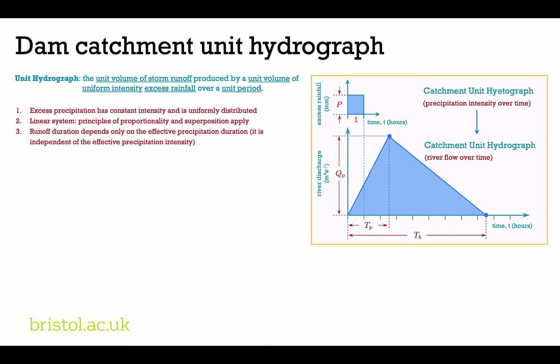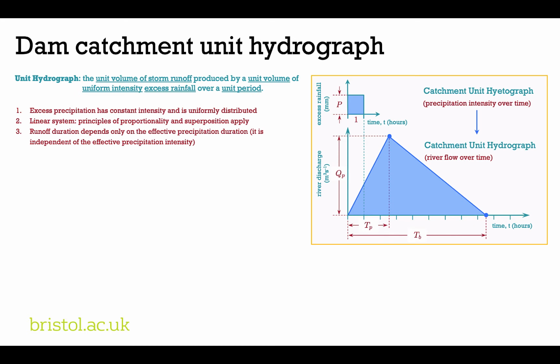The third assumption is that the runoff duration depends only on the effective precipitation duration, so it's independent of the intensity. So that means, whilst I just talked about scaling under point 2, we can scale the vertical axis. The horizontal axis, the time base of the unit hydrograph, stays the same, because this is a defined characteristic of the catchment.